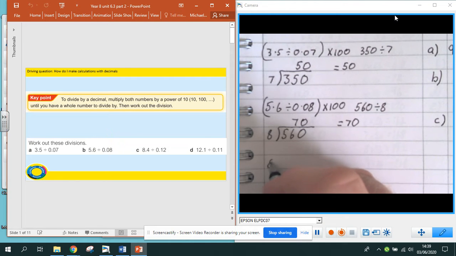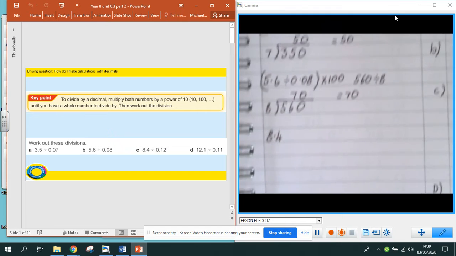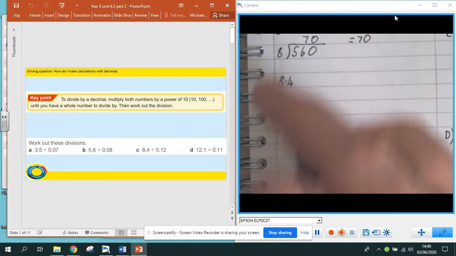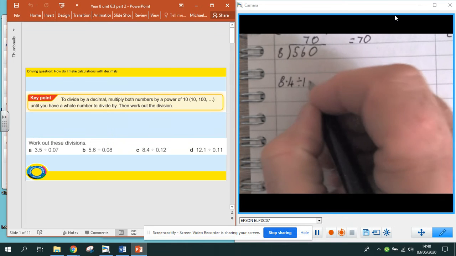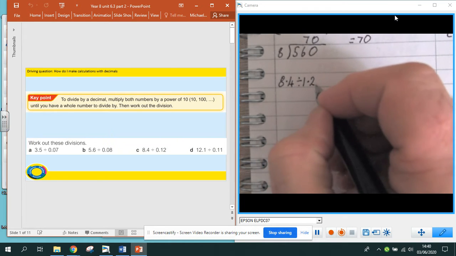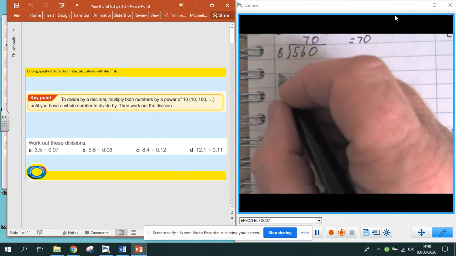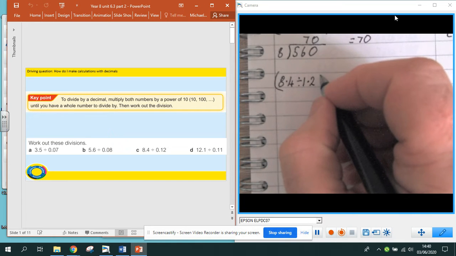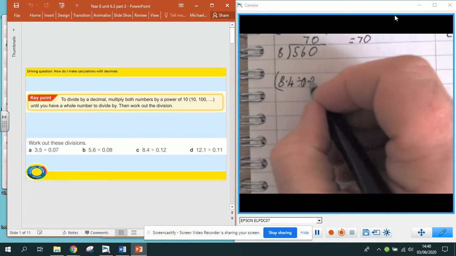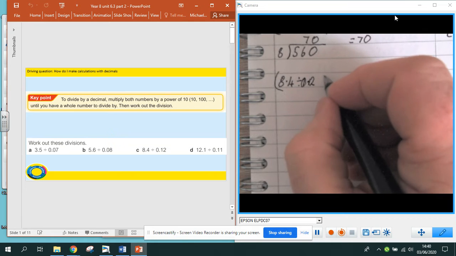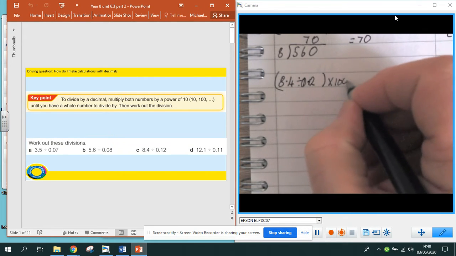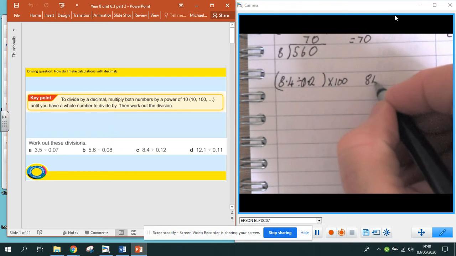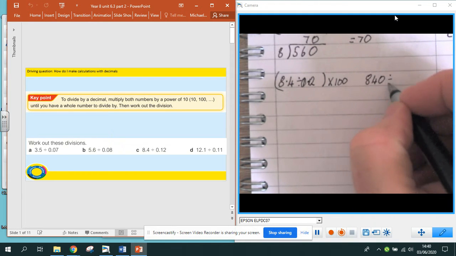Next one, I've got 8.4 divided by 0.12. Let's get that right. Again, I've got to multiply that by 100 to give me 840 divided by 12.